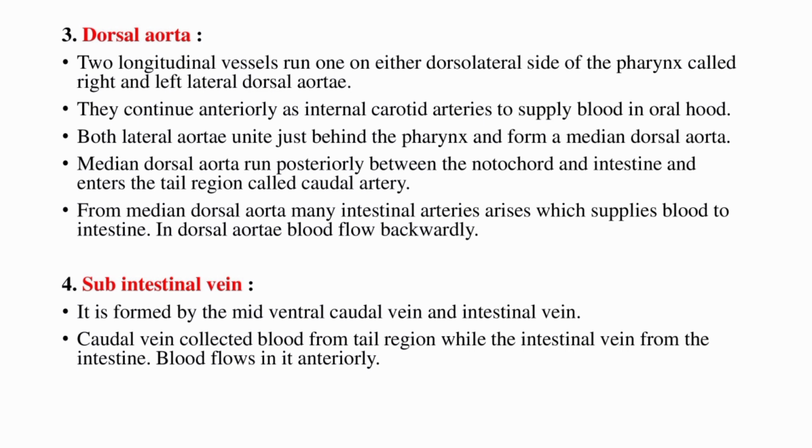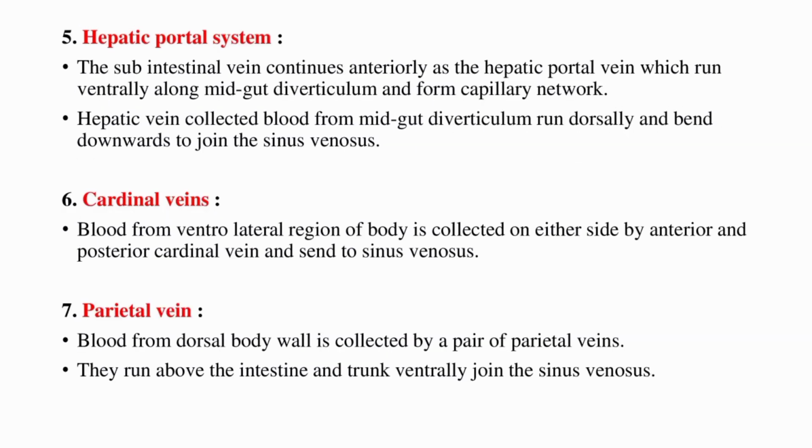Next, the fourth vessel, subintestinal vein. It is formed by the midventral caudal vein and the intestinal vein. The caudal vein collects blood from the tail region, while the intestinal vein collects from the intestine. Blood flows in it anteriorly.